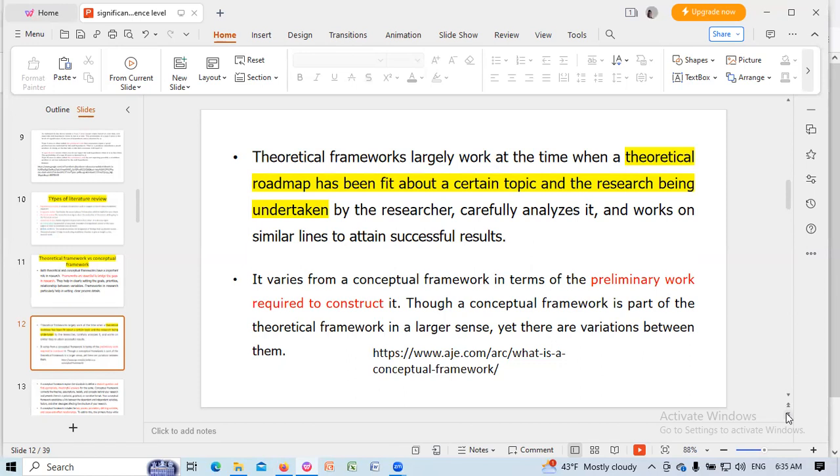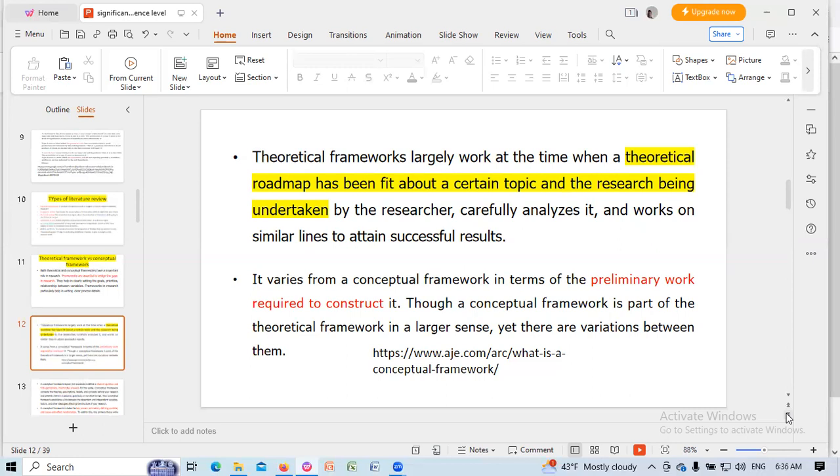What research topic have you chosen and undertaken, and does the theory fit or not? Which theory fits your research topic? Which theory are you applying to solve the research topic you have undertaken? That is the theoretical framework.